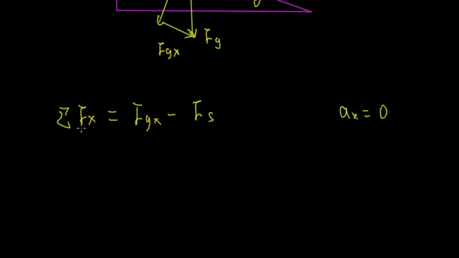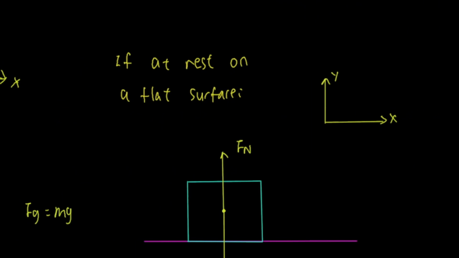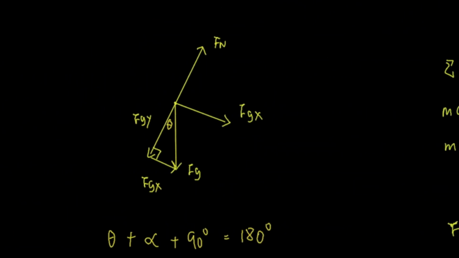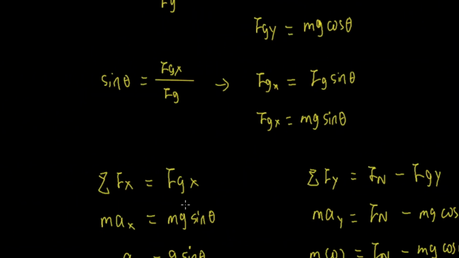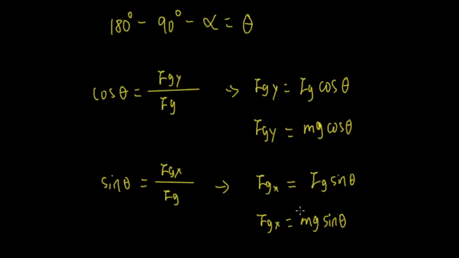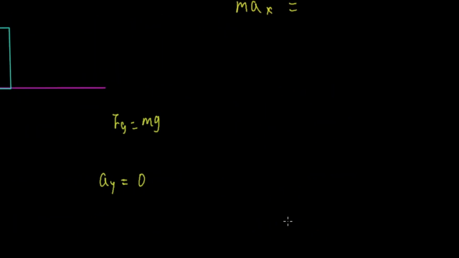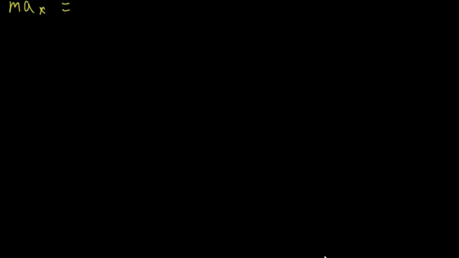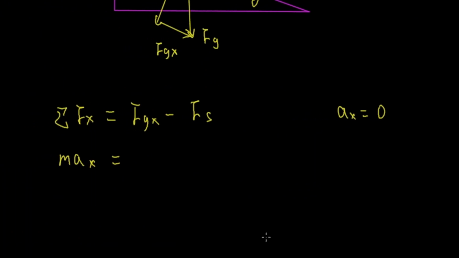And we know that the formula for the force in the x direction is mass times acceleration in the x direction equals to, now F sub gx, what's that equal to? Same as what we calculated. That will be equal to mg sine theta. So mg sine theta minus the friction force.